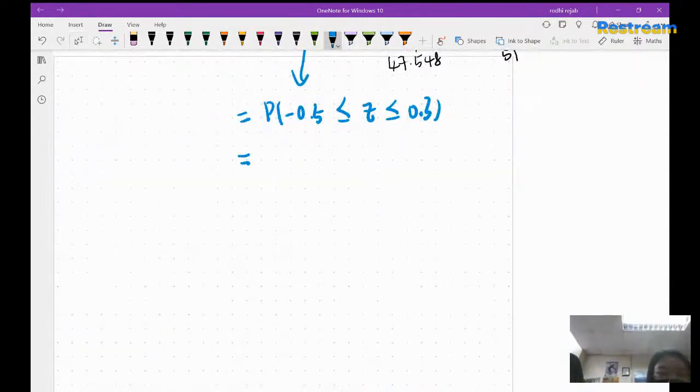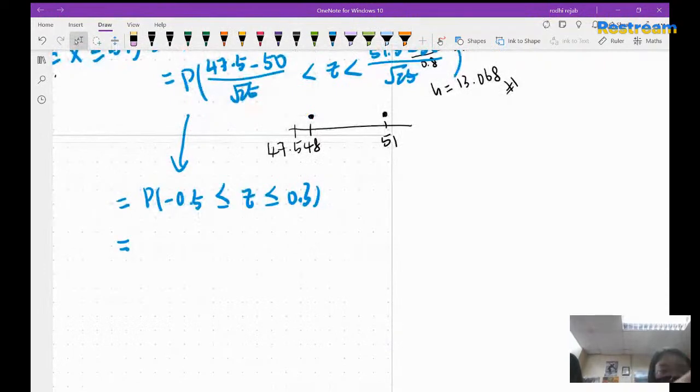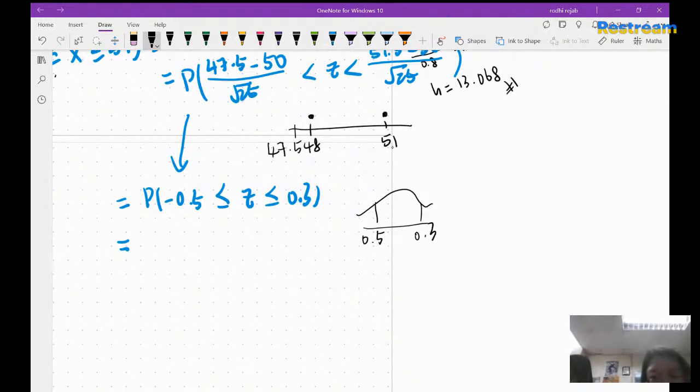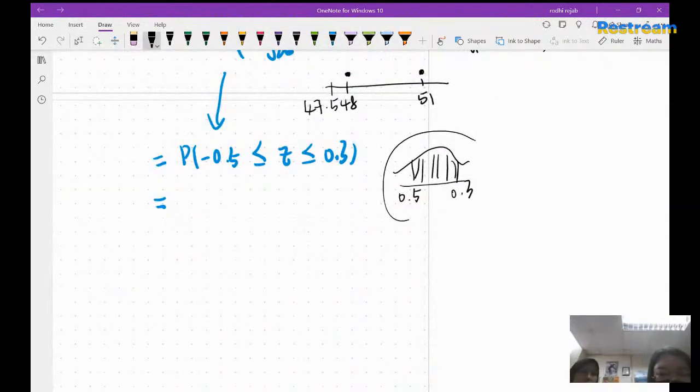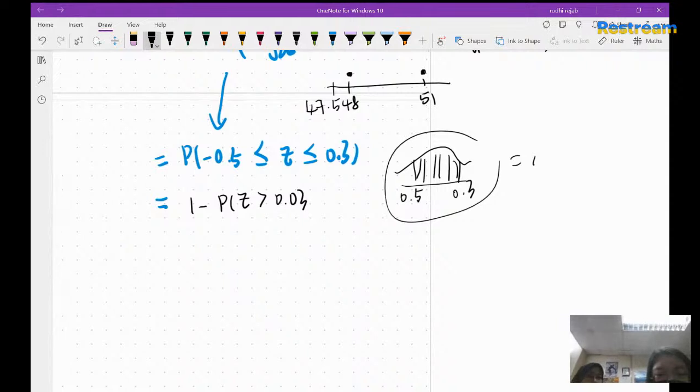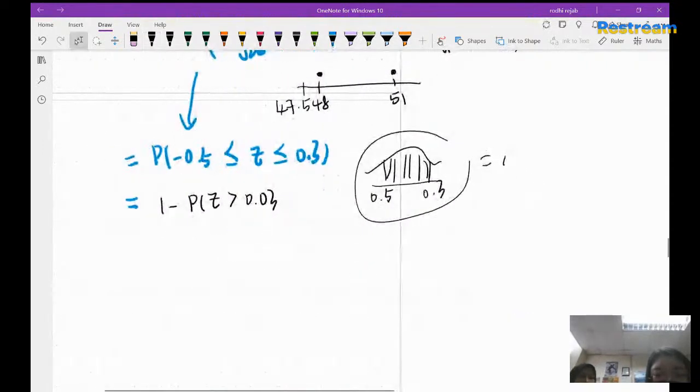Okay, dan lepas tu buat sama je lah dengan yang atas punya. Saya akan buat satu graf dulu. Then negative 0.5, 0.3. Dia nak area sini kan. Okay, so lepas tu kami tahu ini semua equal to 1. So 1 tolak P(Z more than 0.3) sebab kami nak kawasan yang tengah saja.